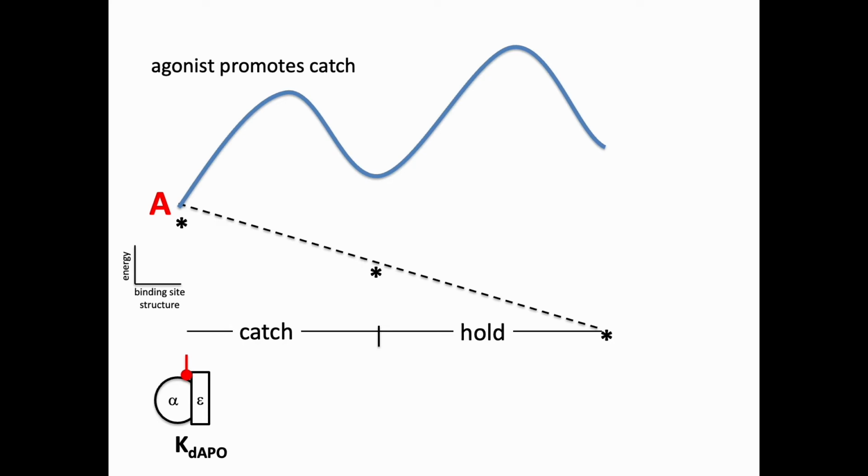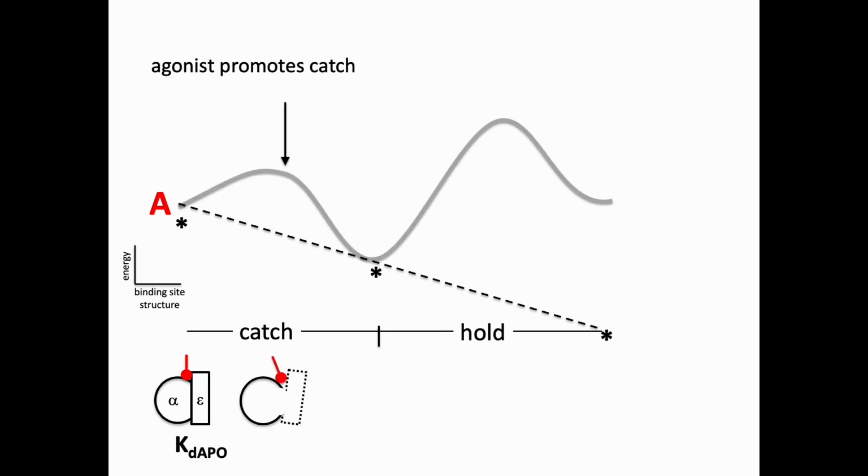When that happens, the agonist promotes catch. By promotes, I'm again stealing this from enzymologists, who find that substrates stabilize transition states: the agonist stabilizes the transition state for catch and allows catch to happen. That's shown by these three little cartoons down below. The agonist stabilizes the transition state so that catch can happen with a higher probability.